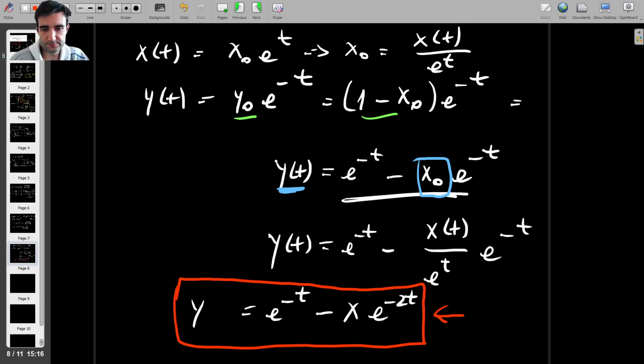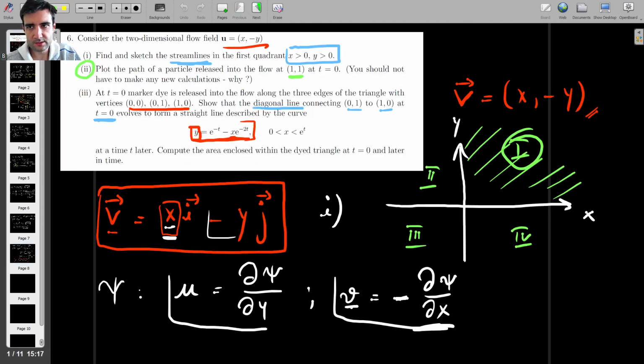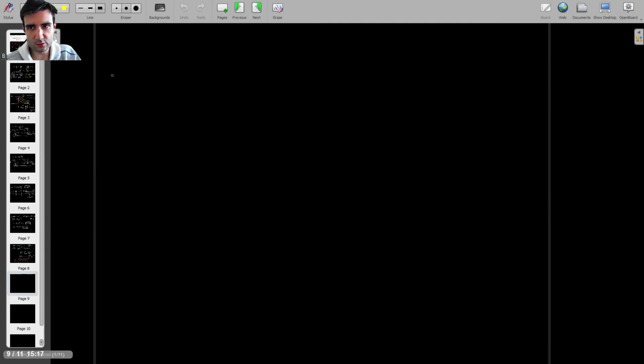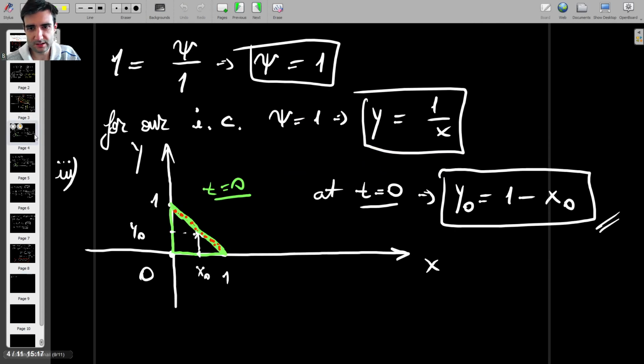Okay, so we did this, and the last part of the question is to compute the area enclosed within the dye triangle at t equals 0 and later in time. At t equals 0, this shouldn't really be much of a problem, because you're just looking at a triangle.